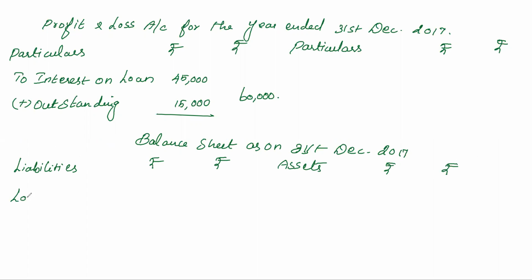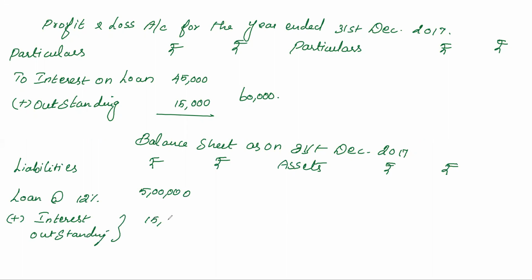So loan at 12%. So how much? 5 lakh. Okay, plus interest outstanding. So interest outstanding how much ma? 15,000. So the total amount is 5,15,000. That's all. So idoda over.